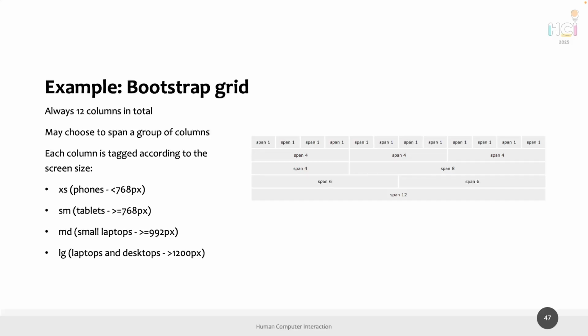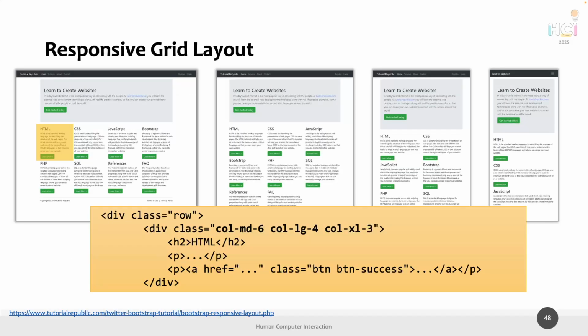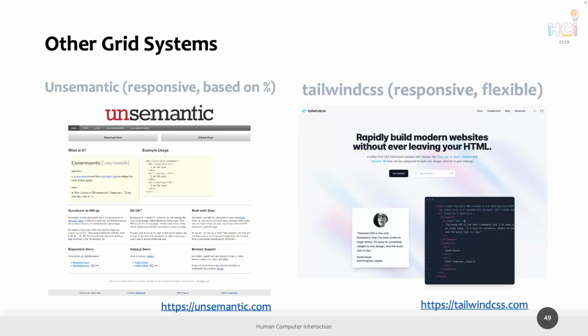You always have 12 columns in total, and you may choose to span a group of columns, and each column is tagged according to the size, the dimension of the screen. So you can also do something that is responsive, so that when you resize your interface, the grid layout dynamically changes. You move from 4 columns, for example, to 3 when you reduce the size of the screen, and some content is put at the bottom of the screen. And these are other examples.